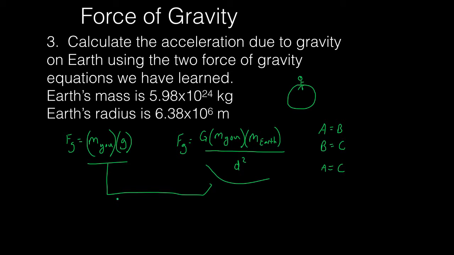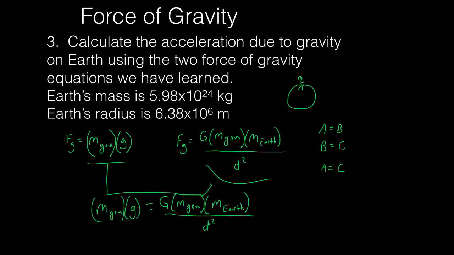And so what happens when we set them equal to each other? We get the mass of you times the acceleration due to gravity is equal to big G times the mass of you times the mass of the Earth, all over the distance between you squared.